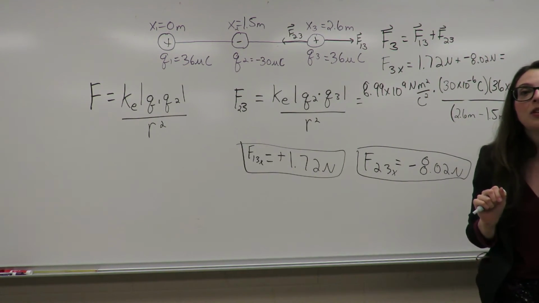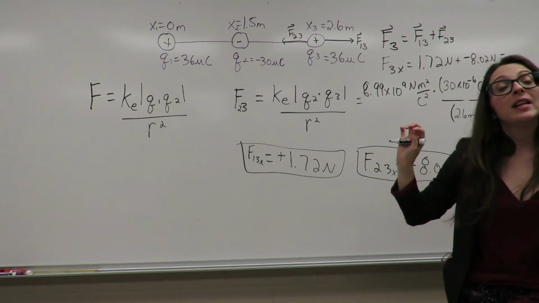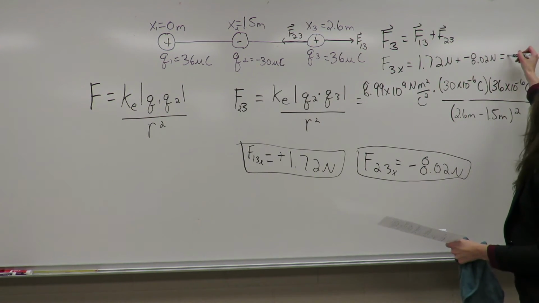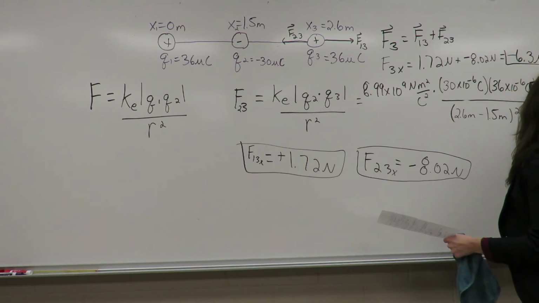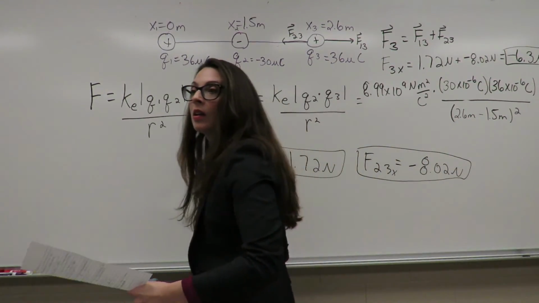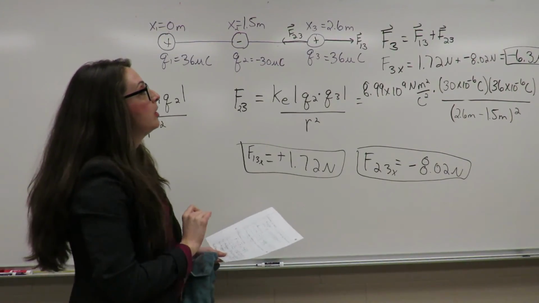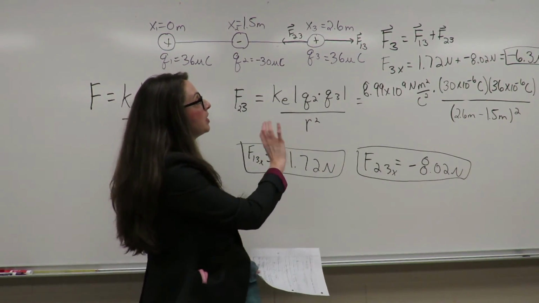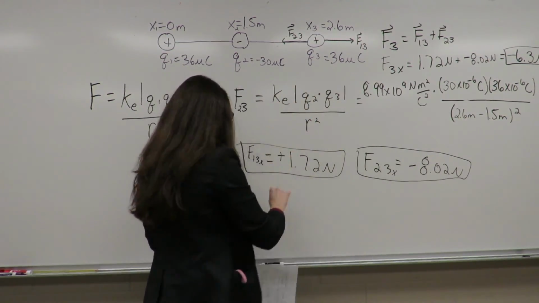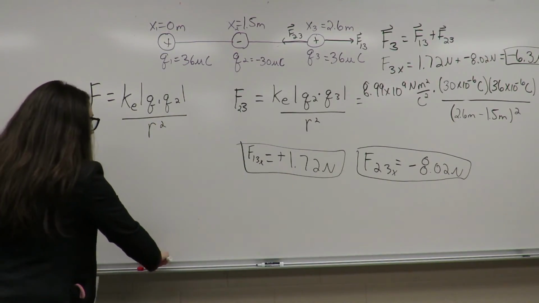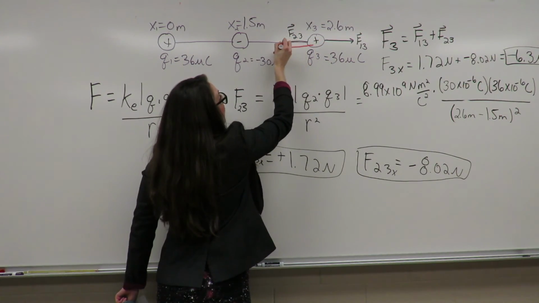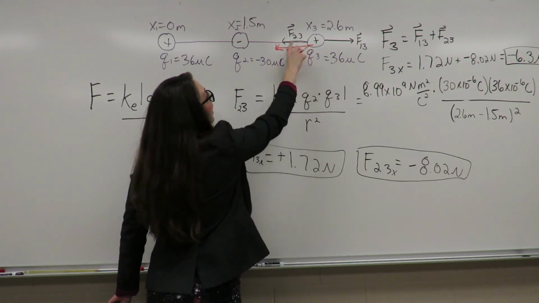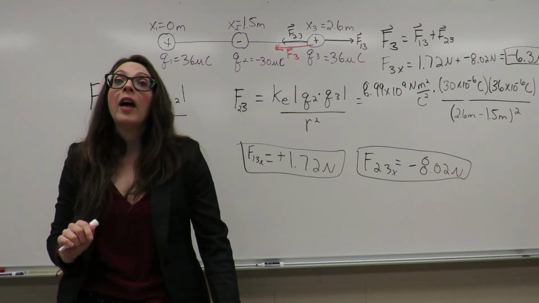If I take 1.72 newtons minus 8.02 newtons, I get a resultant answer of negative 6.3 newtons. So the net force on my third sphere is going to be negative 6.3 newtons, negative because the sum of all the forces acting on Q3 is pointing towards the origin along the negative x-axis. So this vector that I just drew here is going to be F3.